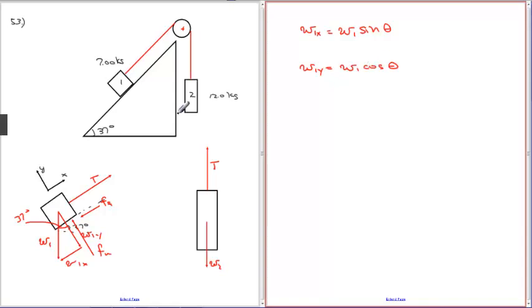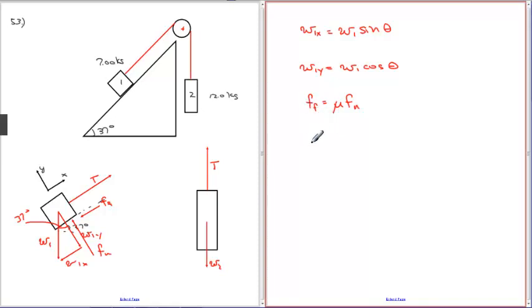Now we know these two. We also know that the friction force is equal to the coefficient of friction times the normal force. That's just the relationship between the two kinds of forces. The coefficient of friction is equal to the friction force divided by the normal force, so we can solve for that.